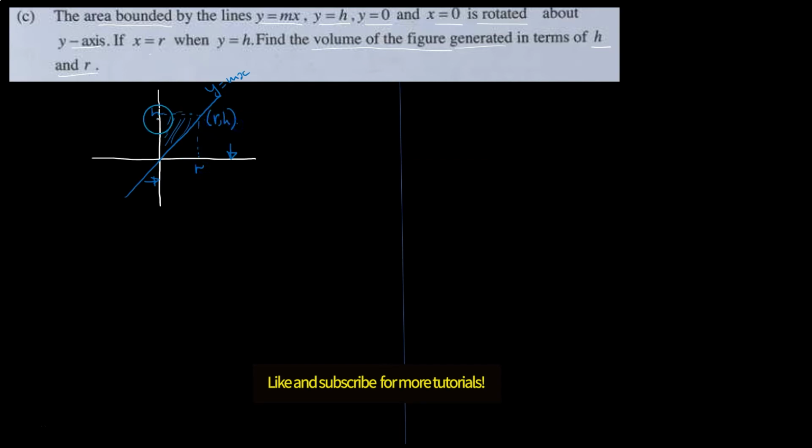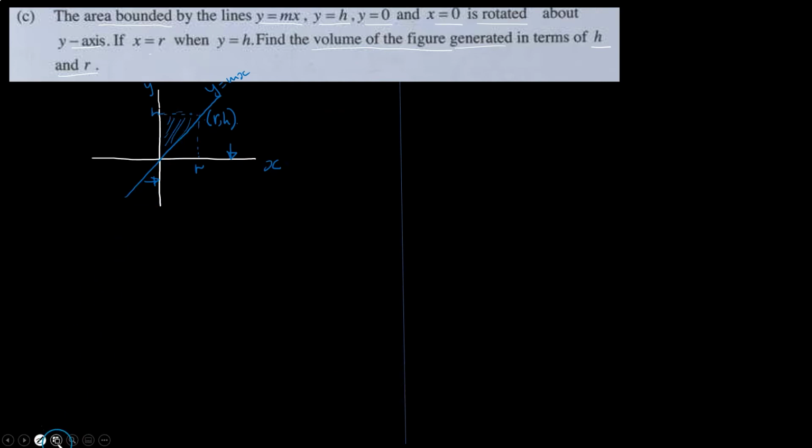So this is the area that is being rotated, and then we are told x equals r when y equals h. So h is here, that means r is here, and this point is (r, h). Okay, y-axis, x-axis. Now what you need to do is imagine this area in blue is being rotated on the y-axis.